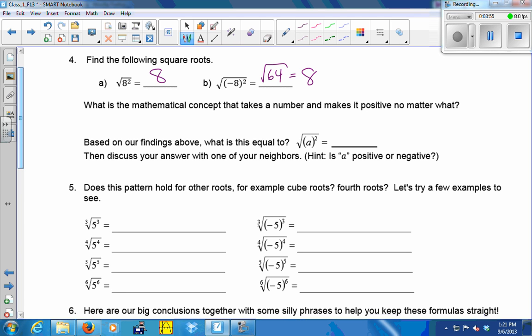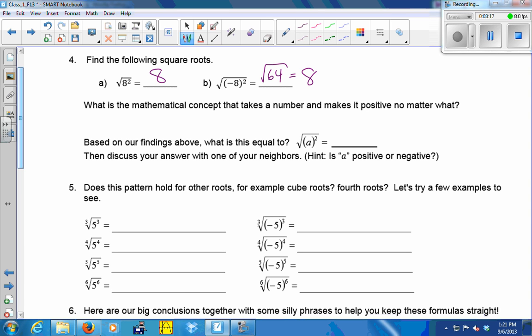So what's the mathematical concept that takes a number and makes it positive no matter what? Absolute value. So what do you think the square root of a squared equals in general, whether a is positive or negative? Sometimes it's a, right? Because if a were 8, you'd get the 8 back.